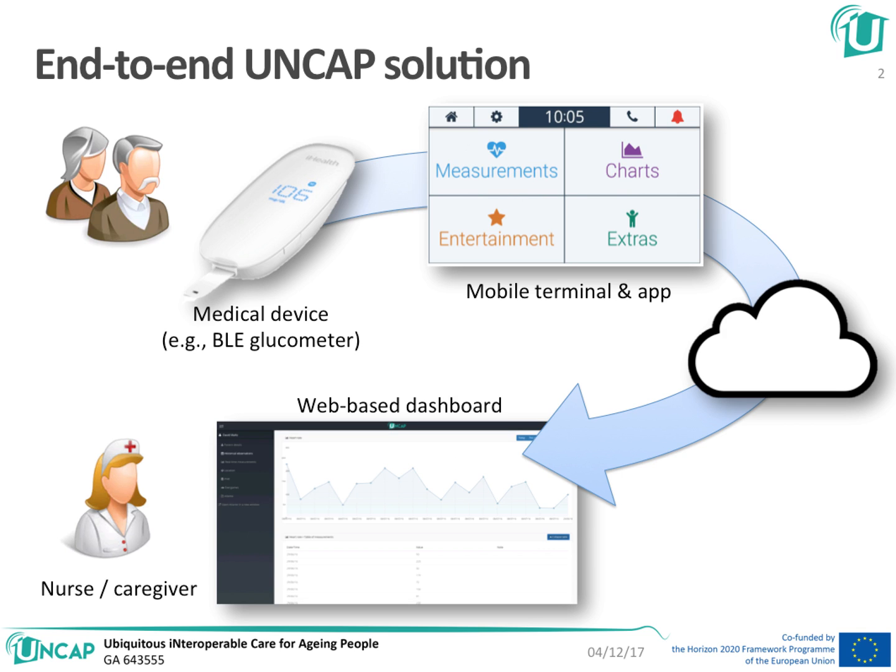UNCAP interconnects on one side the elderly, and on the other side a caregiver or a medical professional. A scenario of how this could be used is seen in the picture. For example, the elderly person is using a Bluetooth glucometer, interconnected with the Android application.